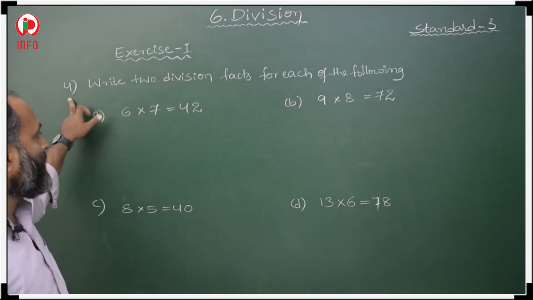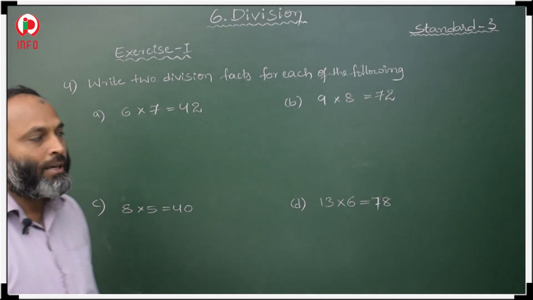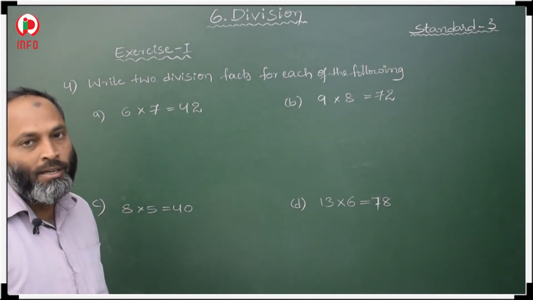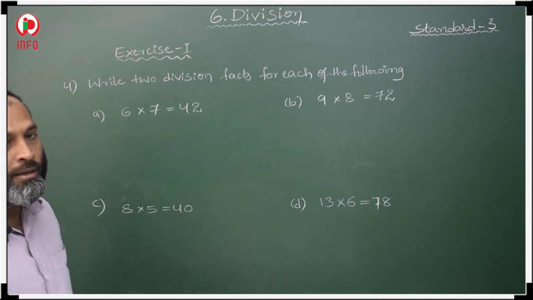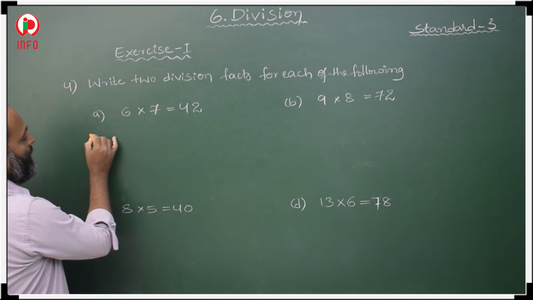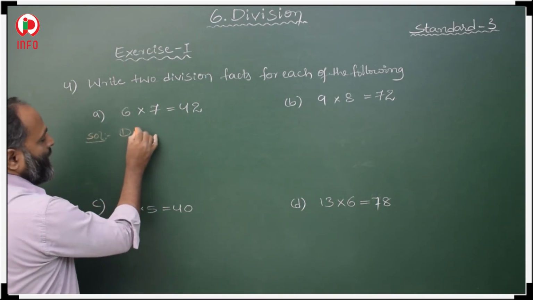Okay. The fourth question, write two division facts of each of the following. Here multiplication fact is given. So, we have to write two division facts for this multiplication fact. Then how to write? First we have to take the product, then after that division facts.